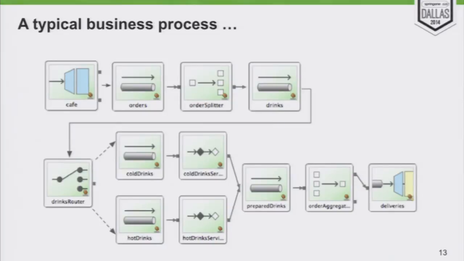But finally, the final order must be delivered to the customer. So by the end of the process, we have an aggregator that puts the drinks together and creates a delivery.